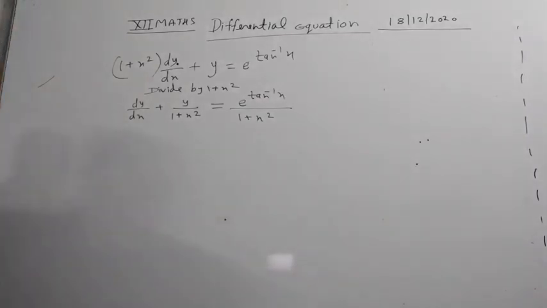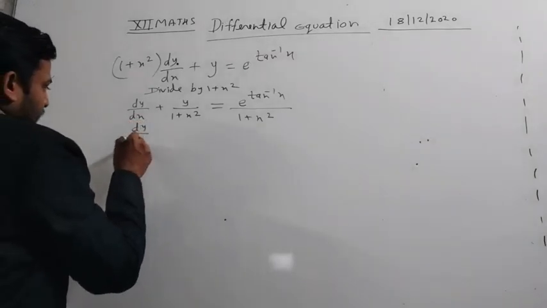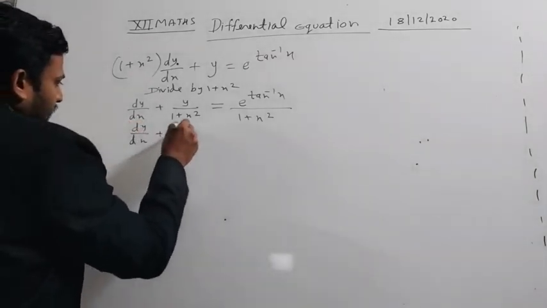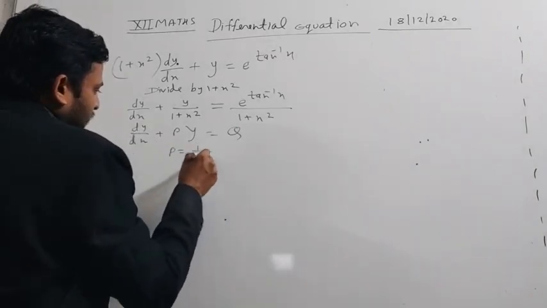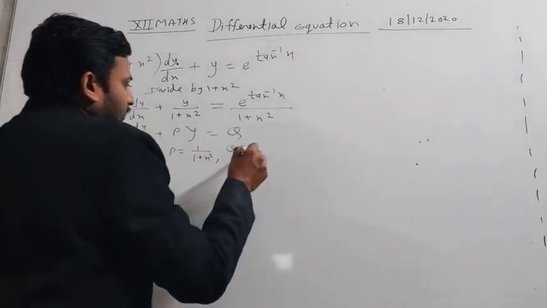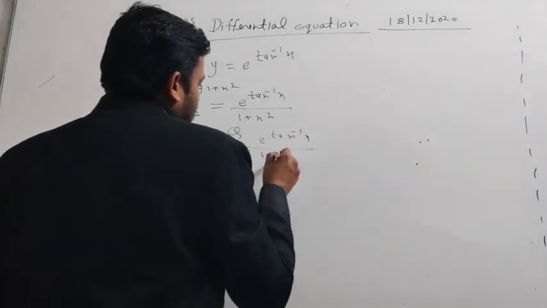Okay student, now we will compare this with dy by dx plus py is equal to q, where p is 1 by 1 plus x square and q is our total right hand side divided by 1 plus x square.